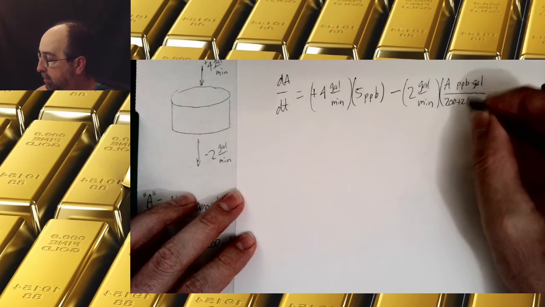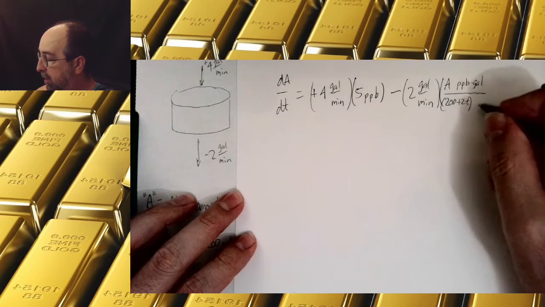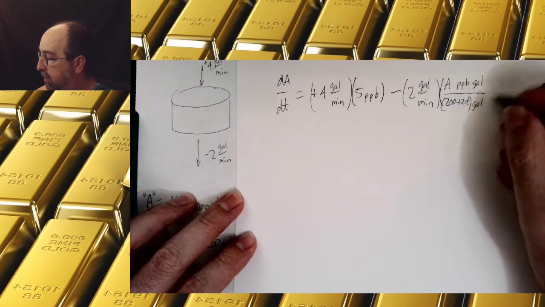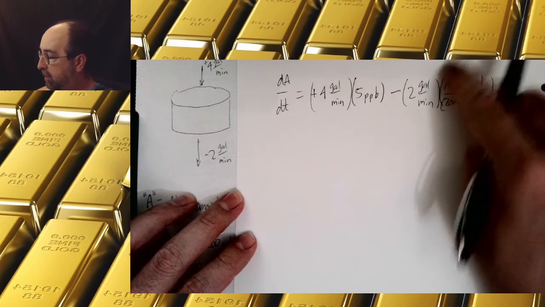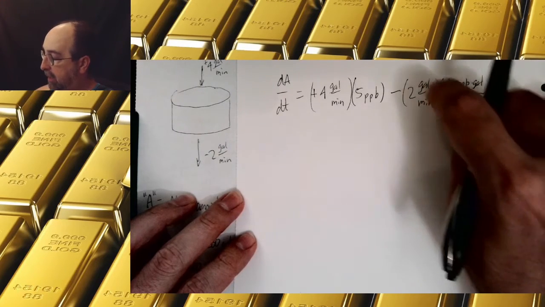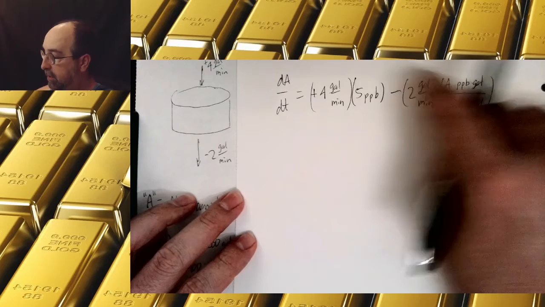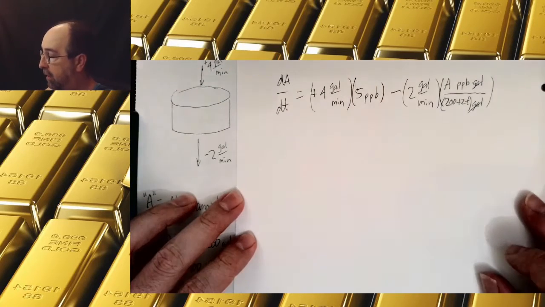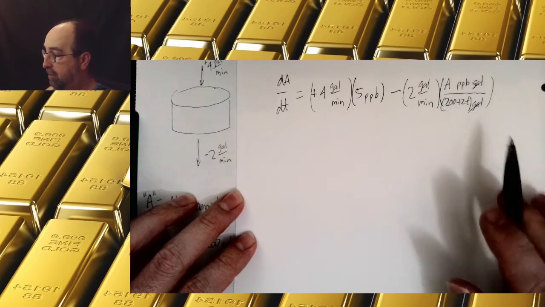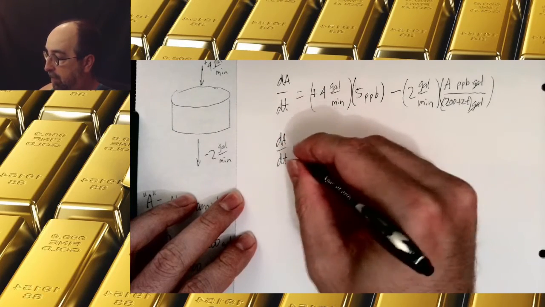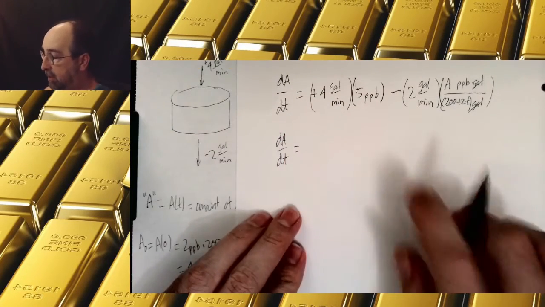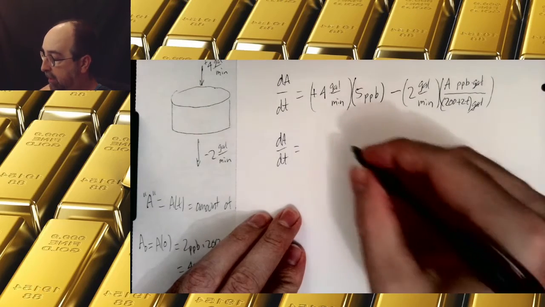200 plus 2t gallons. And what happens is the gallons are canceling, and I'm getting parts per billion for this factor. And I'm getting gallons per minute times parts per billion, just like I had here. Okay, so this is a mess, but we can clean that up a little bit. dA/dt is equal to 4 times 5, which is 20.